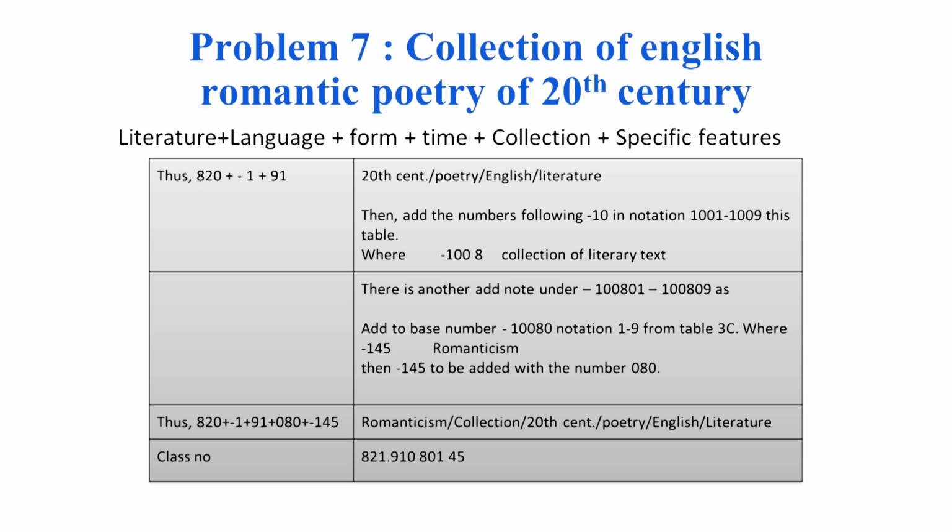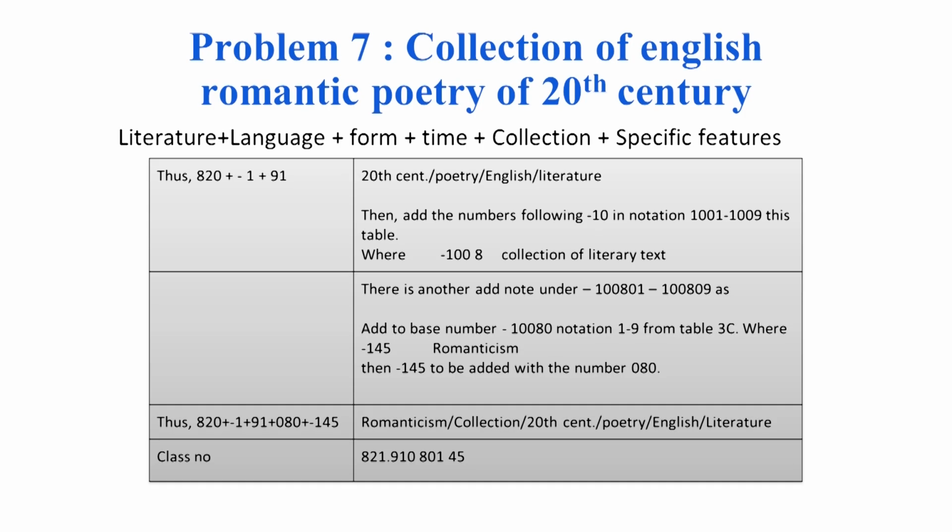There is another instruction in the same area: then add the number following dash 10 in notation 1001 to 1009 from this table, where we find that dash 1008 means a collection of literary texts.